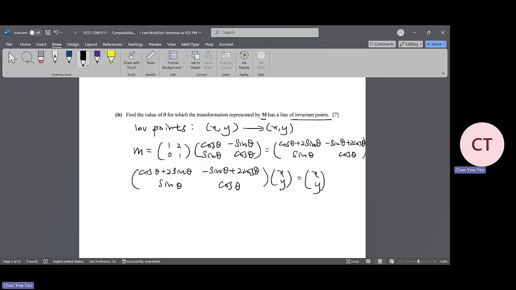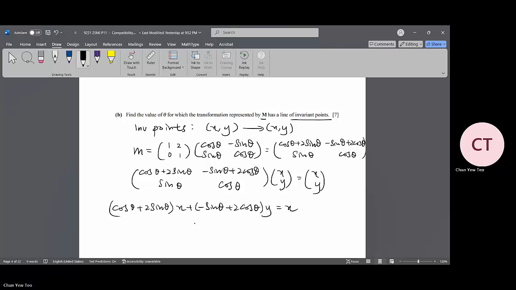So if you expand them, you get (cos theta plus 2 sine theta) x plus (negative sine theta plus 2 cos theta) multiplied by y, you will get x.